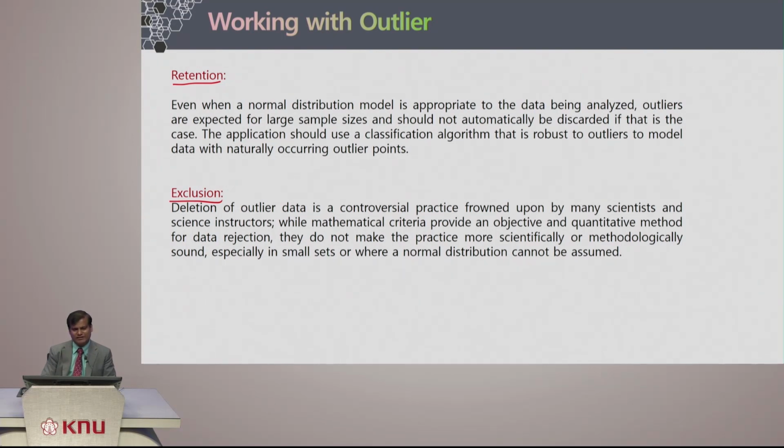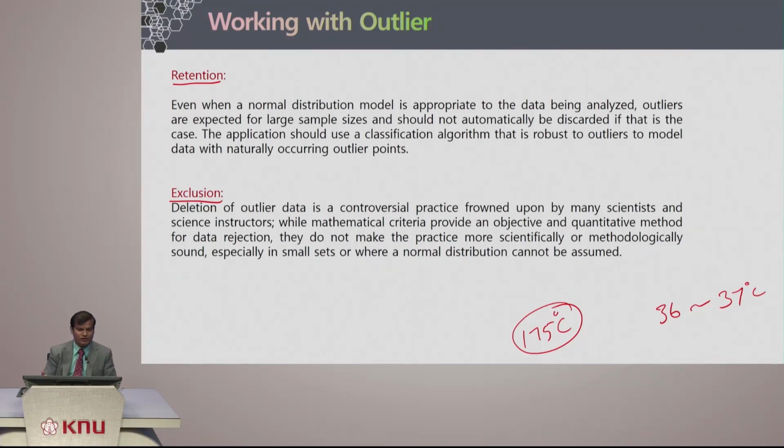Exclusion or deletion is another way. Sometimes we can delete or exclude the outliers, again based on the domain. For example, if you are measuring the temperature of a person, as we have seen, the temperature ranges between around 36 and 37 degrees Celsius, and suddenly you get something like 175 degrees Celsius, which is not going to happen, and it is obviously an outlier.